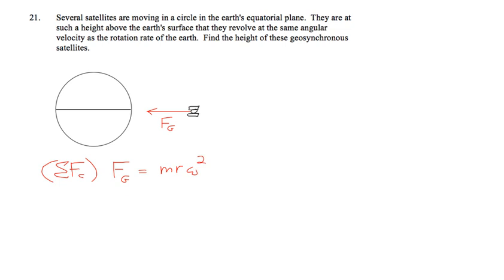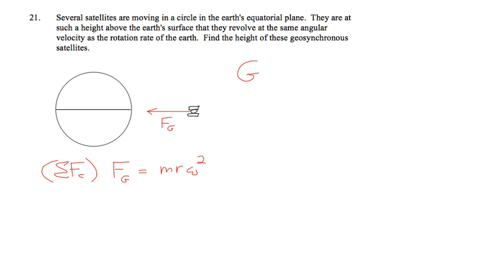Once you have that, now I'm just going to replace my Fg with the formula for Fg, where it's written in terms of the universal gravitation constant, the masses, and the r. So the left side is going to become G, now it's M1, M2. I'm going to actually not use a subscript for the M of the satellite, and I'll use E for the subscript for the mass of the Earth.